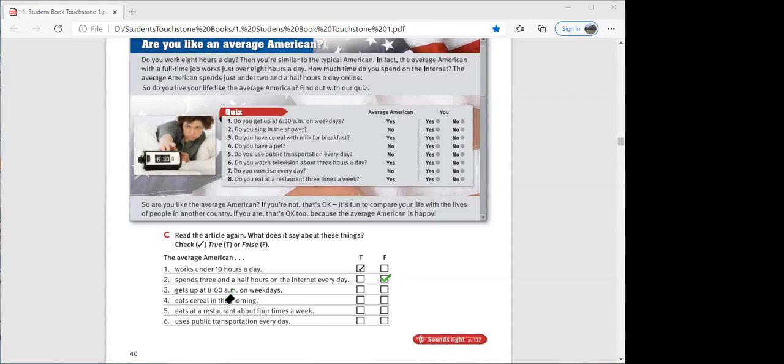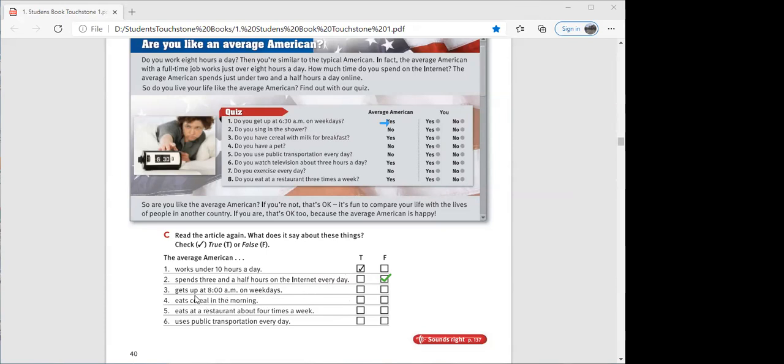Ok, number 4. Let's get the answer. ¿Y cuál fue? Todavía no lo contestamos. Falso. ¿Por qué? Porque se levantan, ¿a qué hora se levantan? They get up at 6:30 a.m. You see, they say yes.